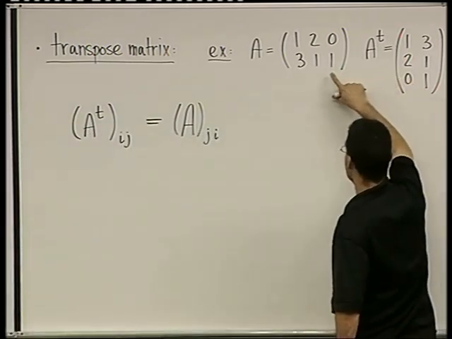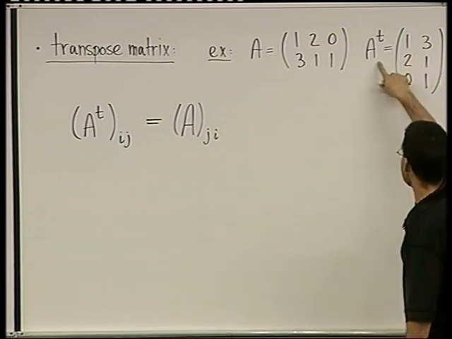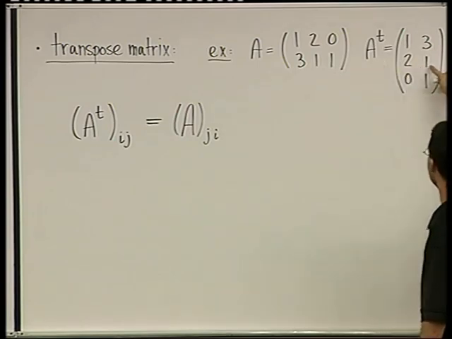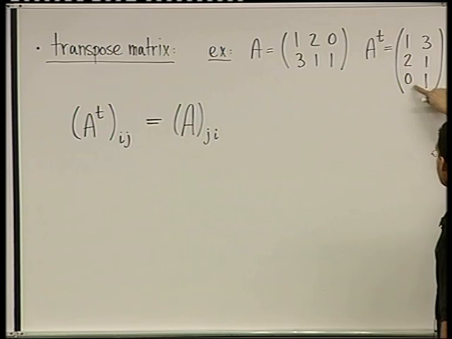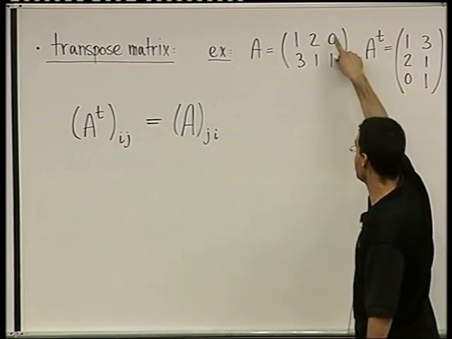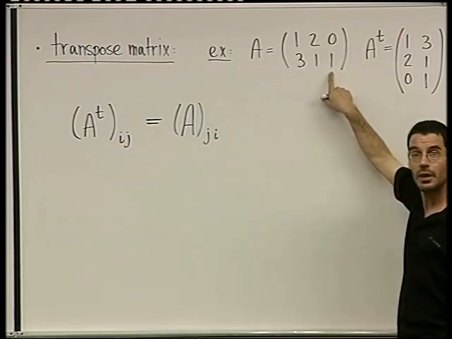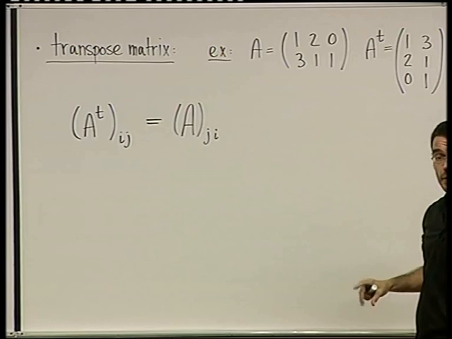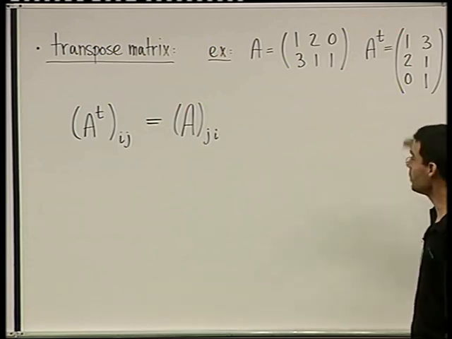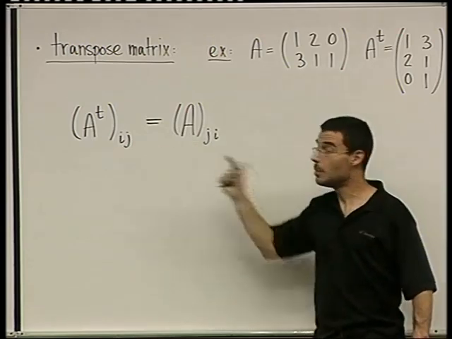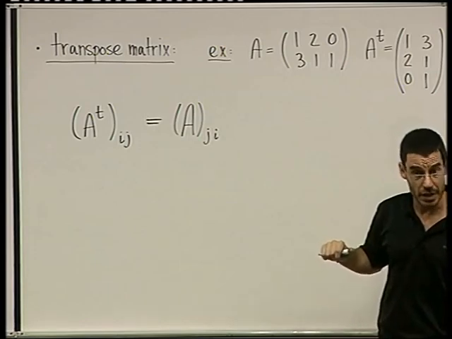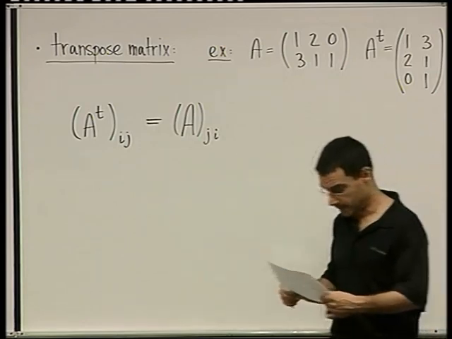So if we want to know what the element 3,2 of A transpose is, it is the 2,3 element of the original matrix. Is this definition clear? We change the roles of the rows and the columns. Is it clear that this is precisely what happened here? Good, everybody? Okay.